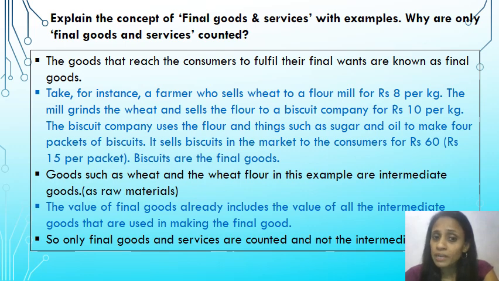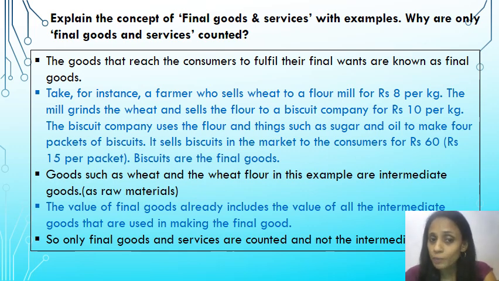The biscuit company uses the flour and things such as sugar and oil to make 4 packets of biscuits. So it sells the biscuits in the market for rupees 60, that is 15 per packet. So which product is reaching the market for the consumers? Biscuits. So biscuits are the final goods. Which product is the raw material?